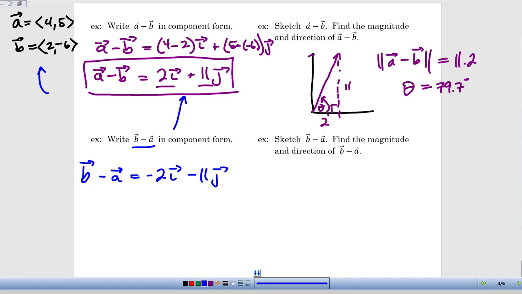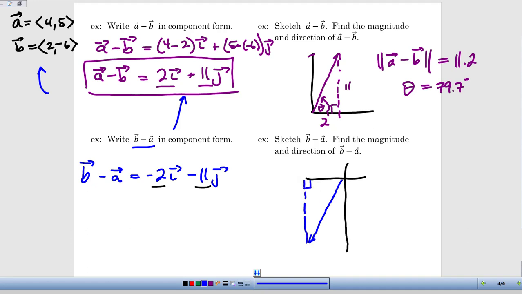And now if we do the same sort of thing as we did in the previous one, find the magnitude and the direction of this opposite order subtraction, b minus a. Well, now with these two negative components, we're going to be traveling left and down. So we're going to have a vector that's in the third quadrant. So over 2, down 11, again, roughly speaking, gives us something like this.